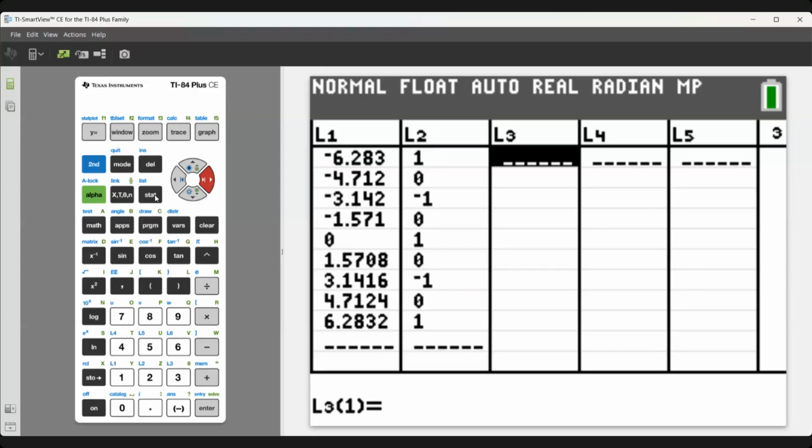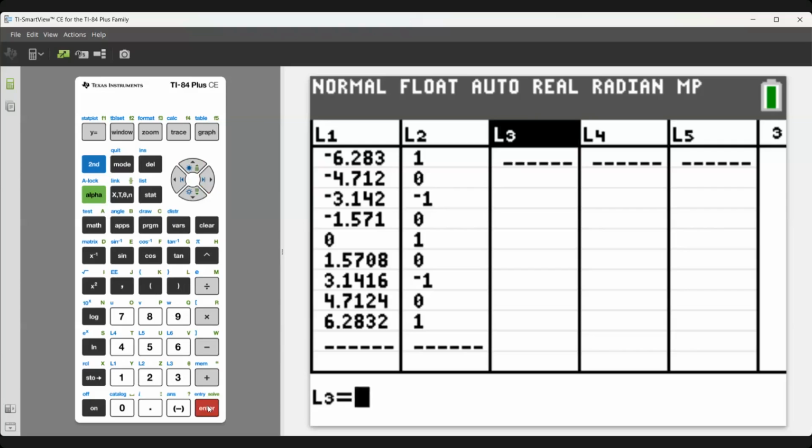If we think about this, there were 2 transformations that changed the x coordinates. We had movement that was 3 pi units to the right, and we also had a horizontal stretch. So to use our calculator, we're going to go up to L3 here, and then once we're at the top, we can press enter, and that will allow us to go down to the input where the cursor is blinking.